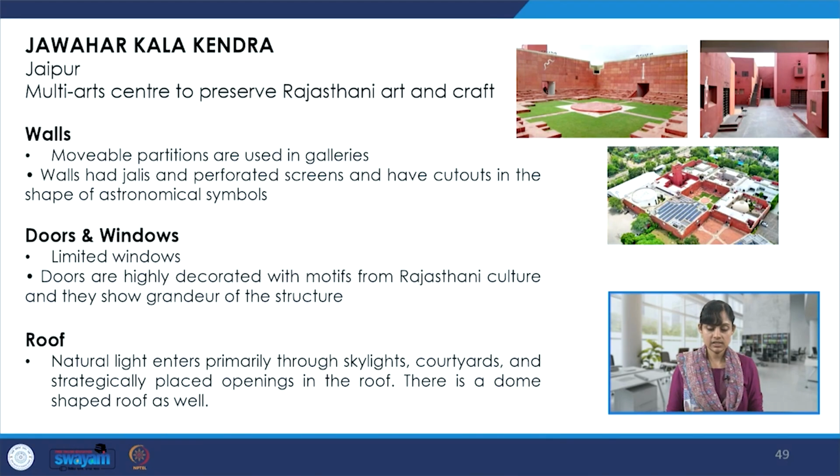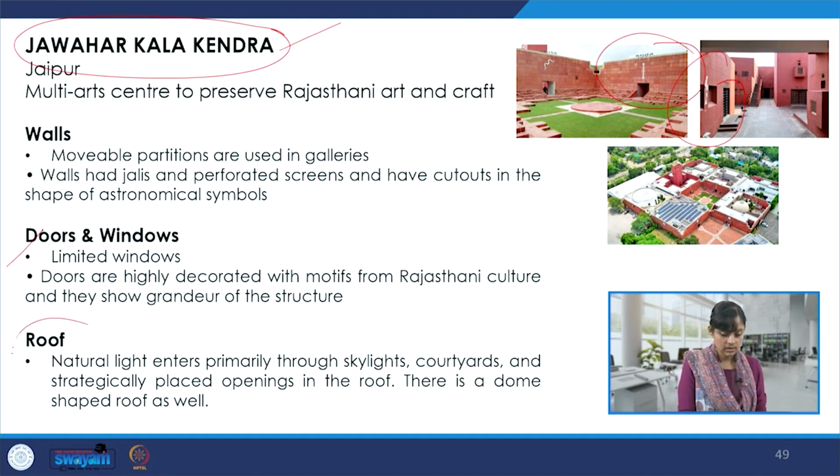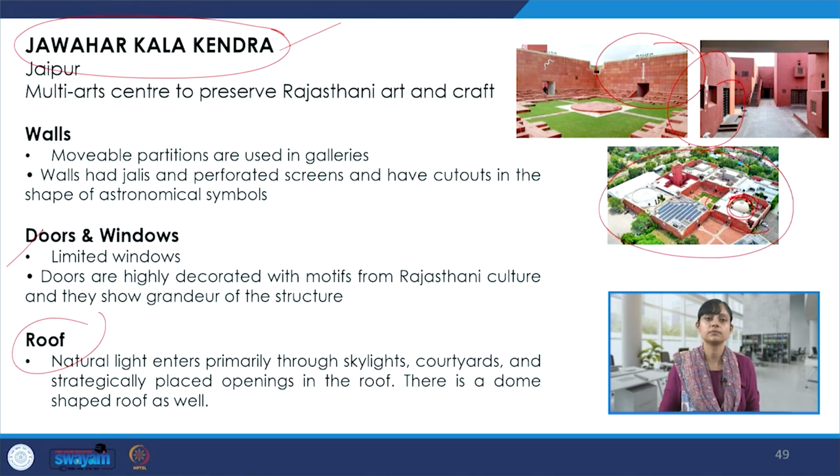There is one more case study where we have seen these different building elements put together in a very interesting way, the very famous Jawahar Kala Kendra, with different kinds of walls, different kinds of openings, and a very interesting roof form. When we go within the interior space, we see from flat roof to domical to vaulted, all different kinds of examples within this entire project.